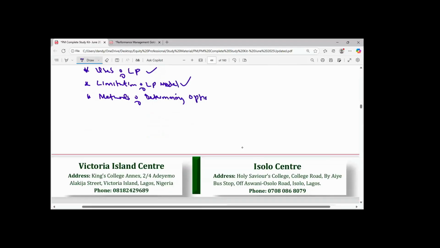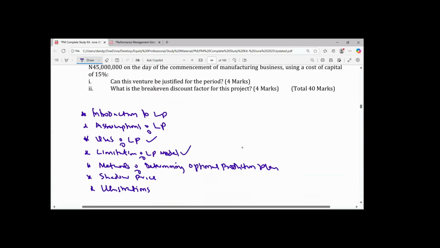Then we talk about shadow price. Then we are going to have illustrations. Okay, so these are the scope. These are the areas that we are going to touch as far as linear programming is concerned.